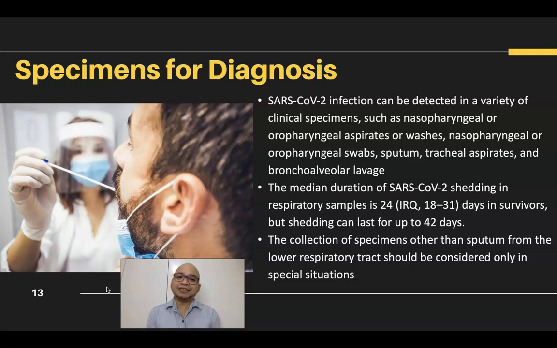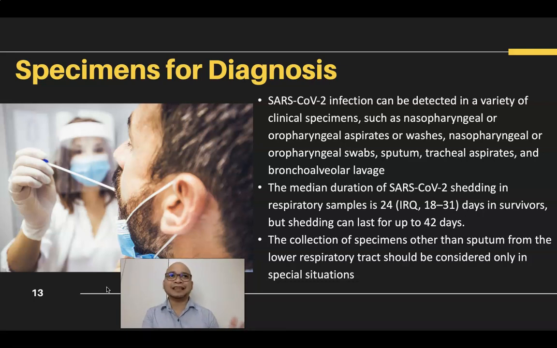The median duration of SARS-CoV-2 shedding in respiratory samples is actually 24 days, with an interval of 18 to 31 days in survivors, but shedding can last up to 42 days. So what does it mean? It means that more or less you are still infectious, because you still continue to shed viruses.